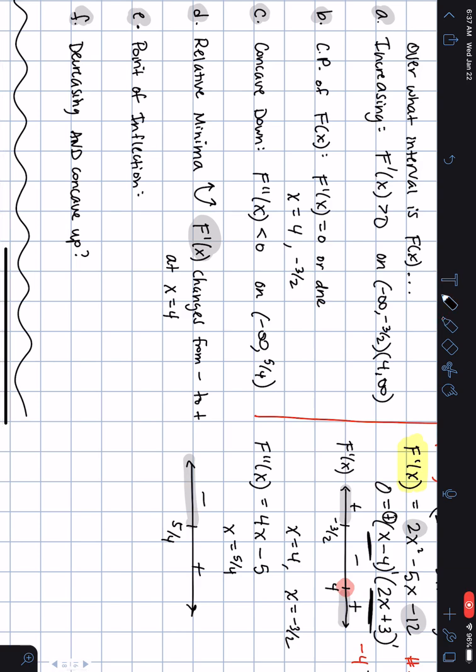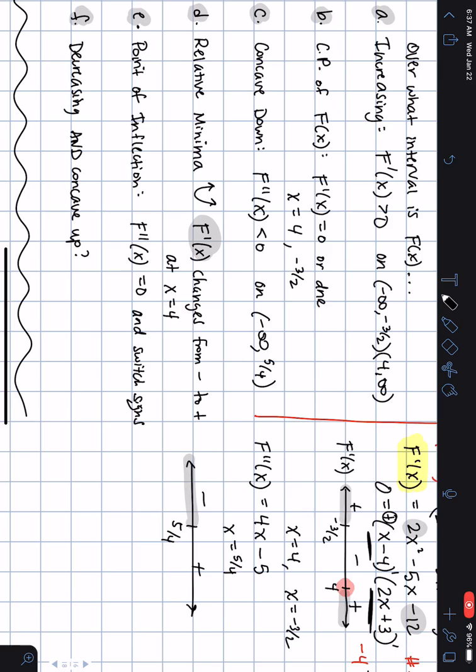E, point of inflection. Where does that occur? Point of inflection for any function occurs where the derivative, the double derivative of that function equals 0 or does not exist. Oh, sorry, no, I'm mixing up that with critical point. The point of inflection is where the double derivative equals 0, and it has to switch signs.